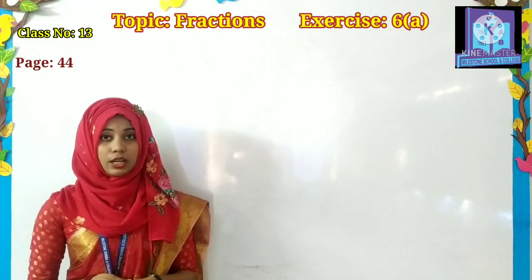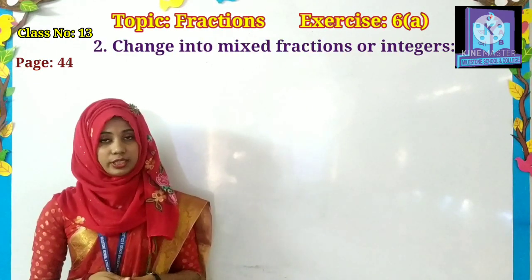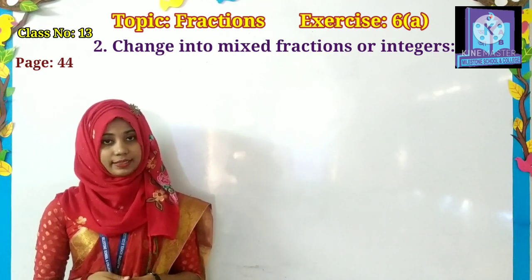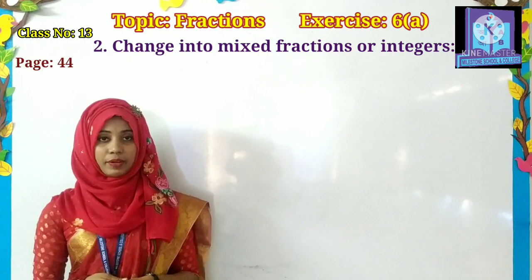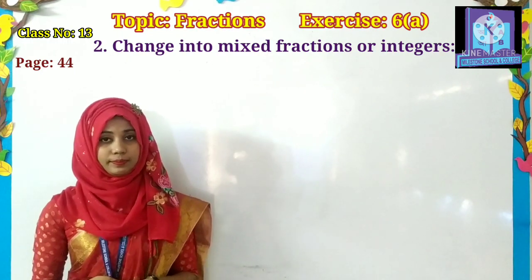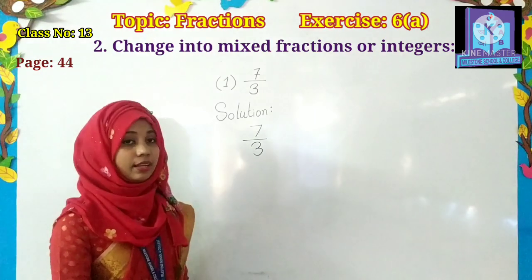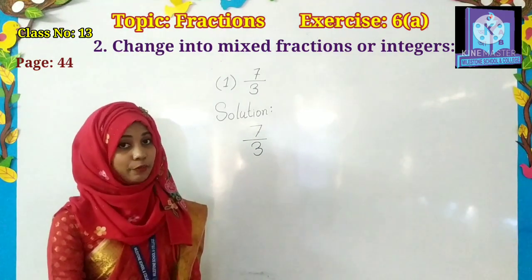Dear students, now we will solve problem number 2. So question is change into mixed fractions or integers. Let's solve number 1 of problem number 2. Dear students, look at this. 7 by 3. What is the name of the fraction?